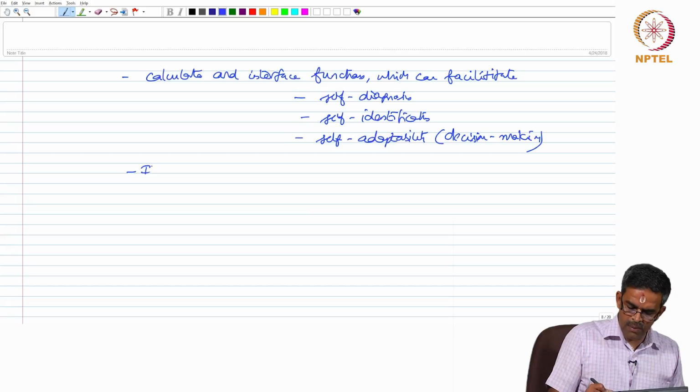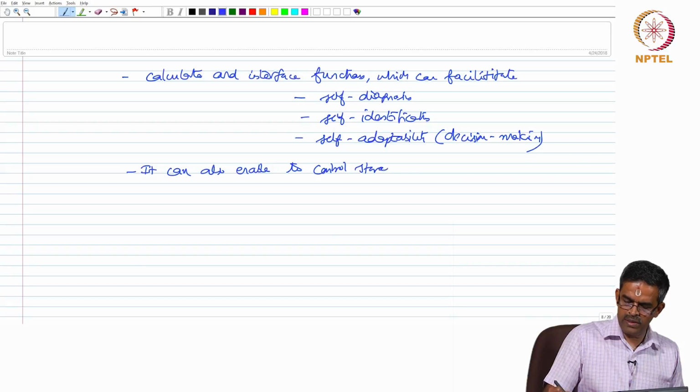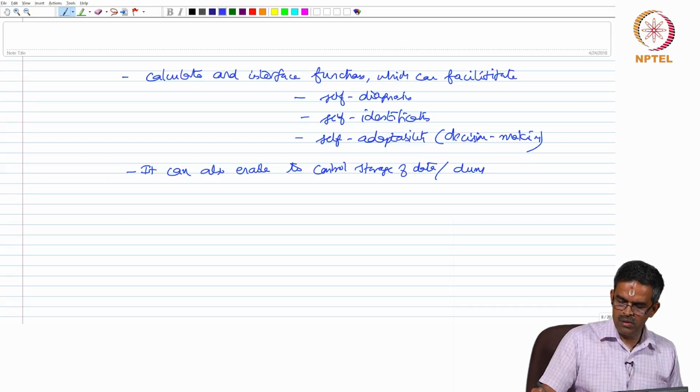It can also enable to control storage of data or dumping the data.